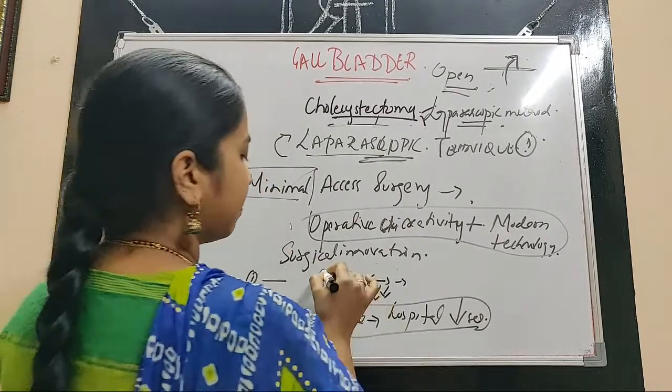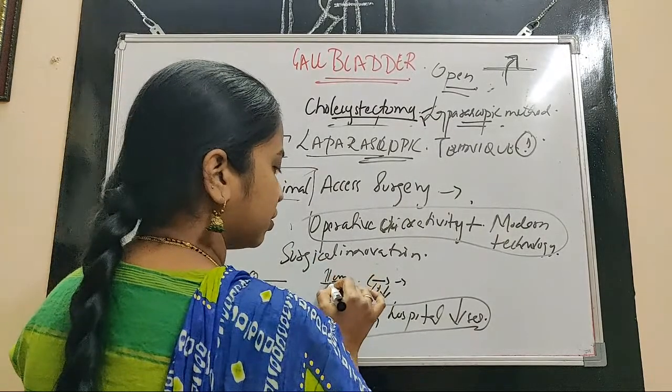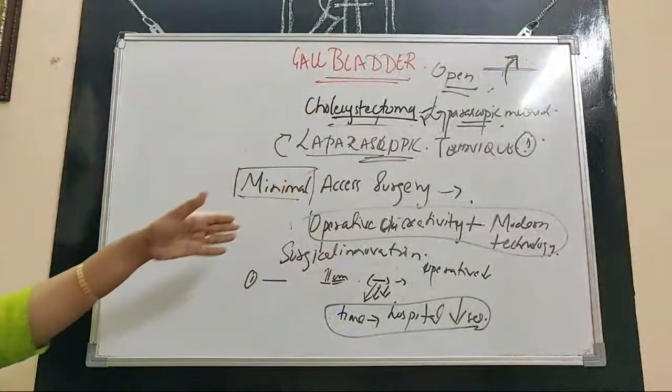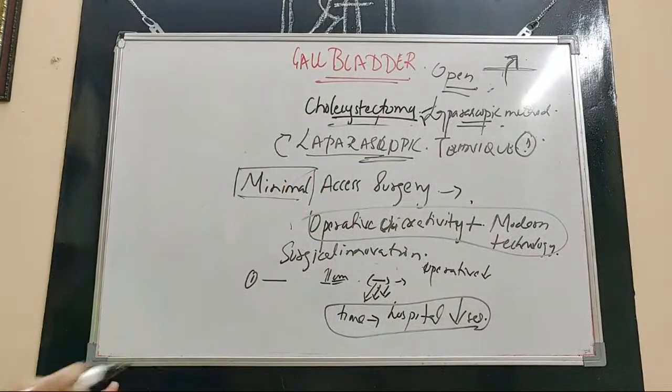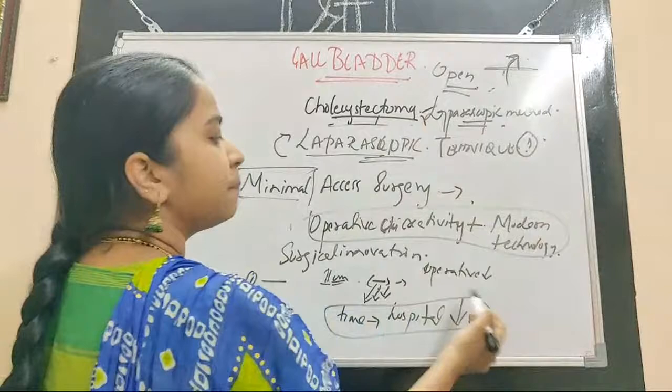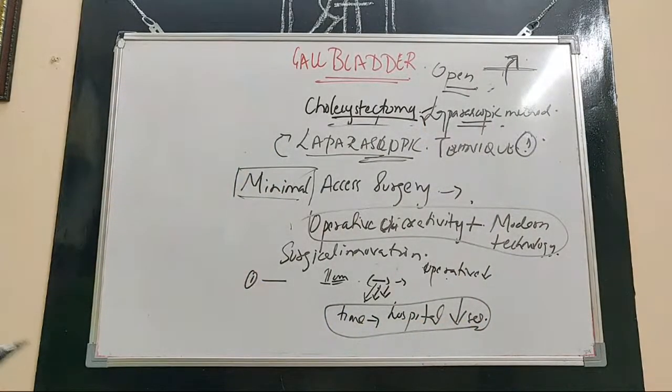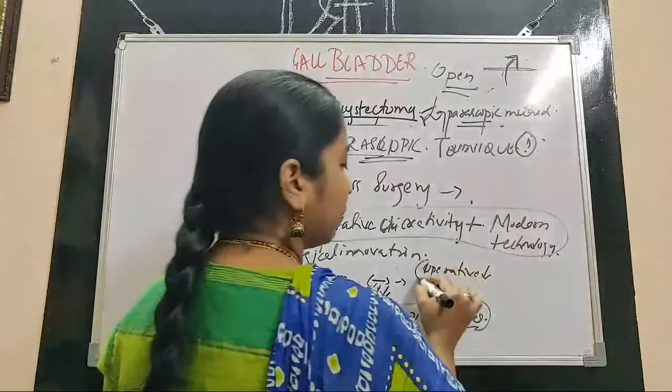In some cases, they also say that the time required is less once mastery has been gained over the technique. Compared to the open technique, the laparoscopic technique needs lesser time once the skill is absorbed. Along with that, there are post-operative complications.